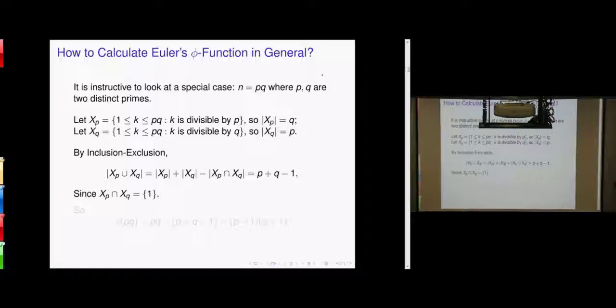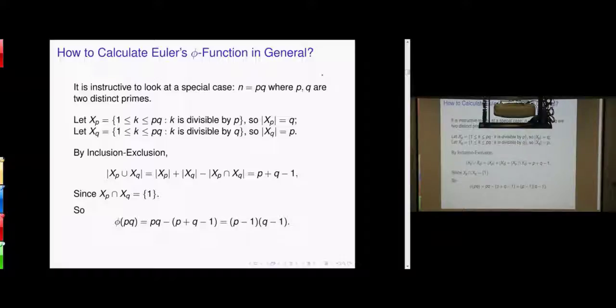But we are looking at numbers between 1 and pq, so there's only one number, which is n itself. So just take away the 1. Sorry, there's a typo. The size of the intersection is 1. The intersection is n. Sorry, I'll change it later.